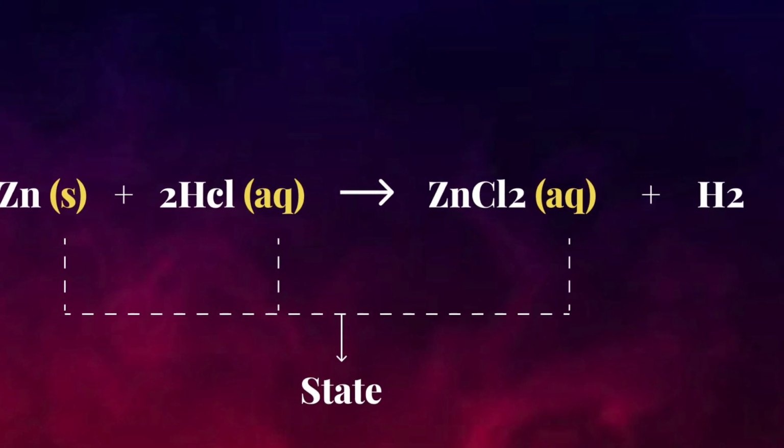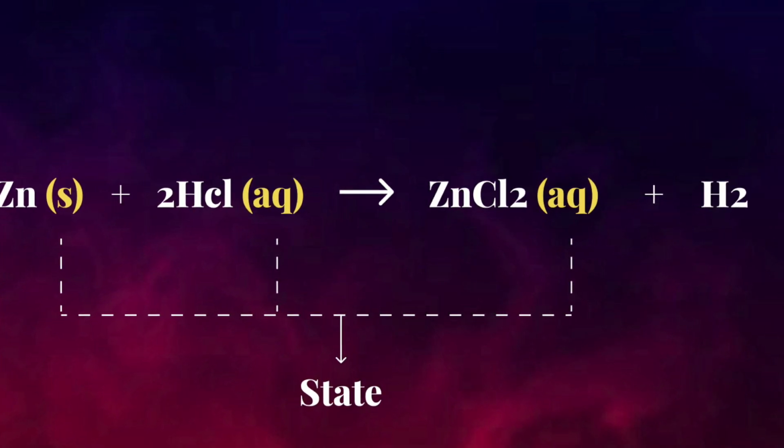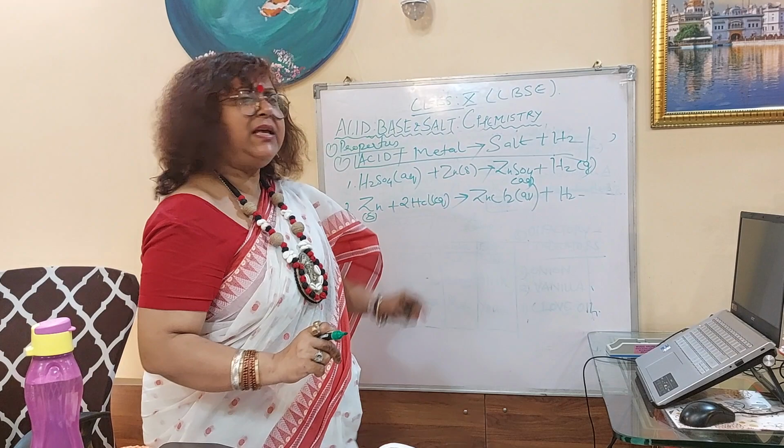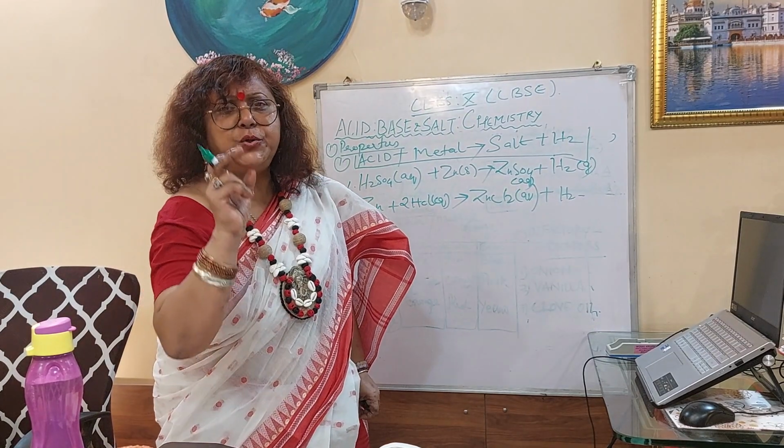This is a very very important reaction of acids with metals. They can ask you to write various metals and their reactions, but the best example is that of zinc, given in your NCERT book.